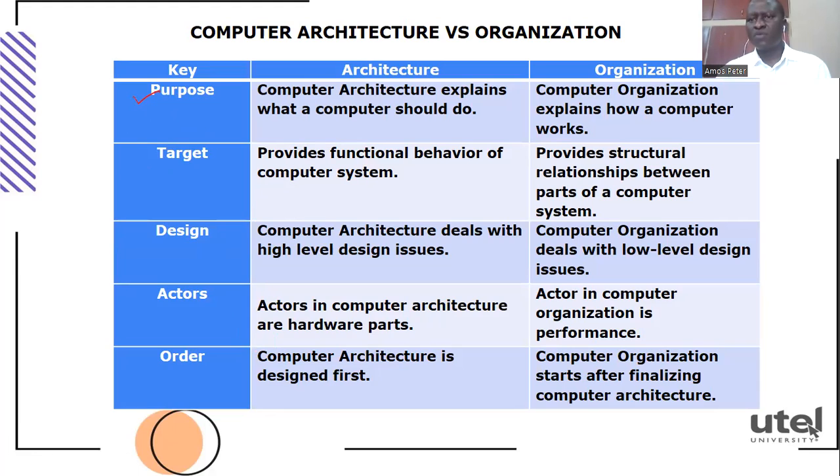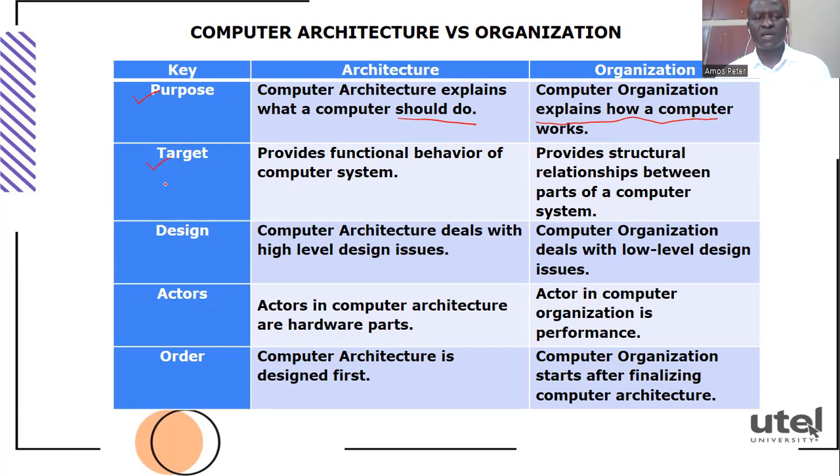When we're carrying out computer architectural activity, we are basically much more concerned about explaining all the tasks or all the things that a computer system should do. While in the case of organization, we are much more concerned about explaining how a computer system achieves all the tasks that it has been specified to do.